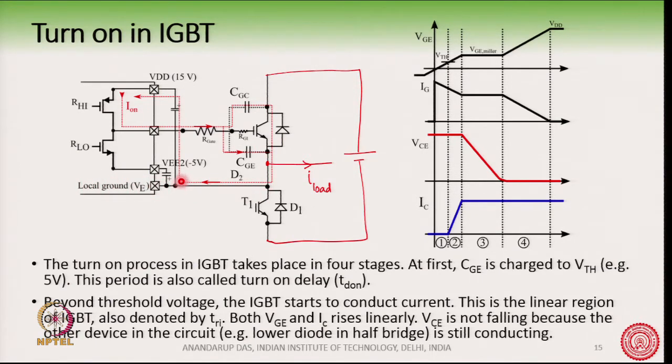So, this is the current flow here when the capacitor CGE is charging up. Of course, it will charge up with an RC time constant, but this RC is so large that we can assume that it is linearly charging up.